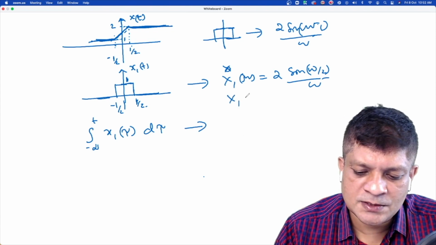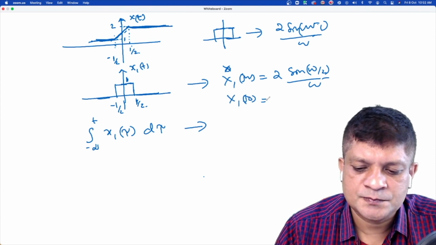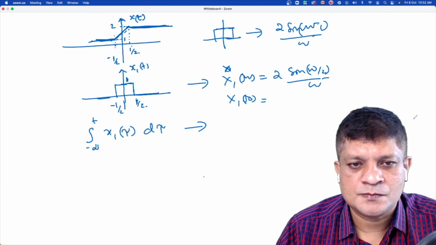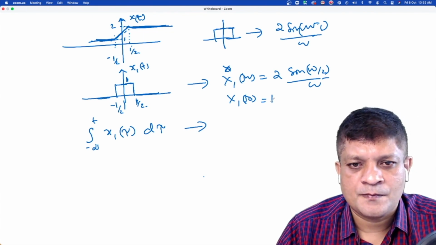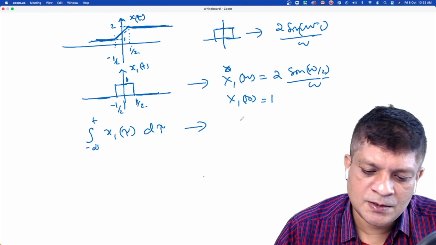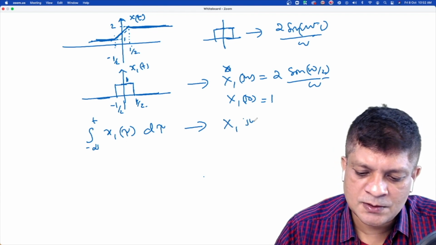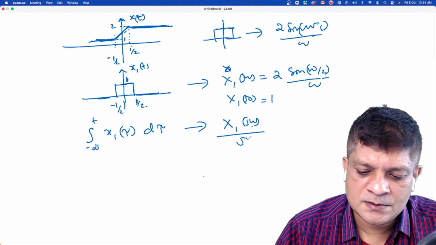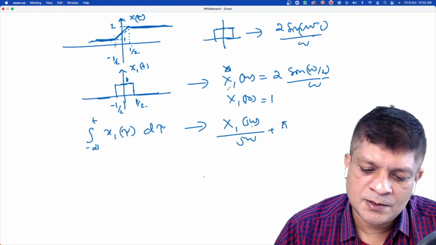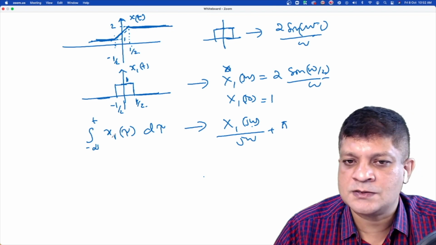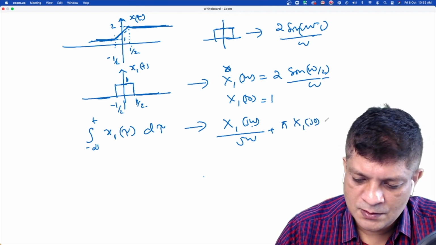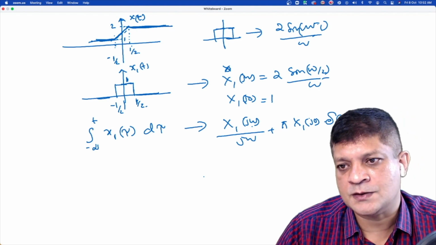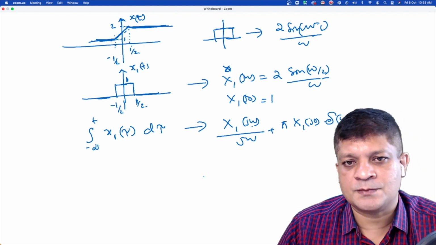What is X1(j0)? It is 1. So the Fourier transform is X1(j omega) by j omega plus pi X1(j0) into delta omega. That is the integration property.